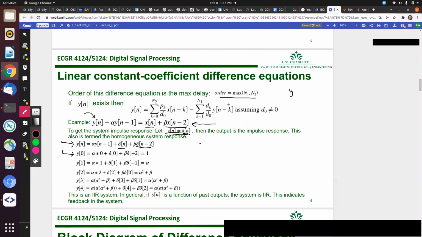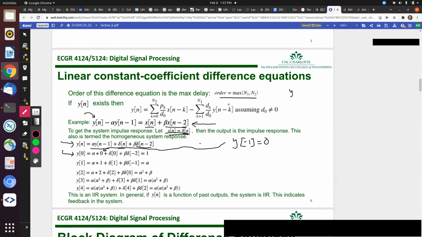y of 0 is equal to alpha times y of n minus 1. This assumes we need the initial condition y of -1 equal to 0, and we're applying that condition right here. That's how we get that 0.